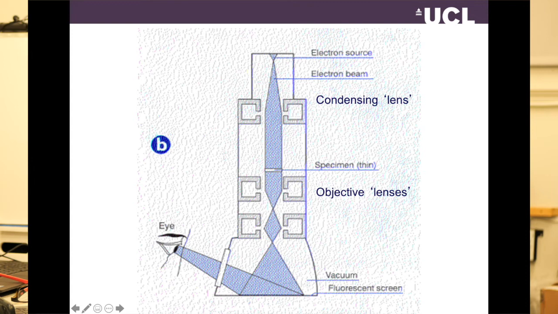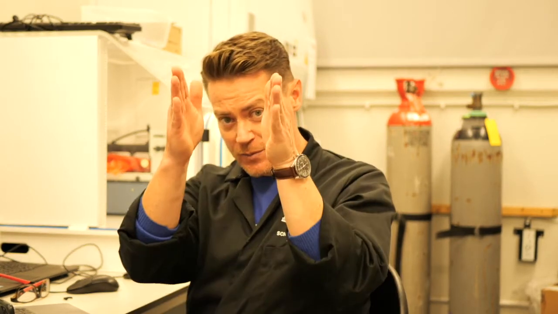On the screen in front of you is a setup for a transmission electron microscope. The electron source is at the top usually. It can be something as simple as a heated wire element actually that's emitting electrons. So those electrons are coming off that wire and they go to the condensing lens, which is a magnet, as I've already said. They form a collimated beam.